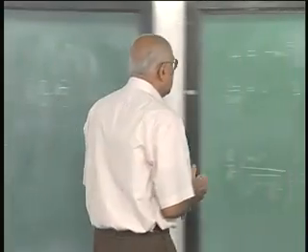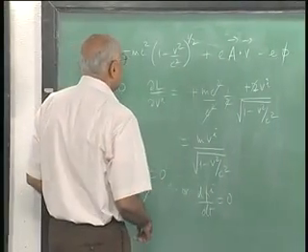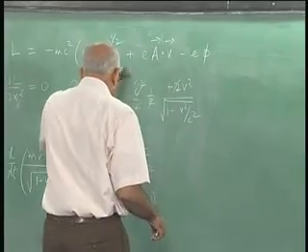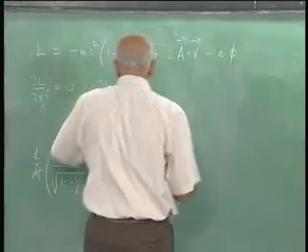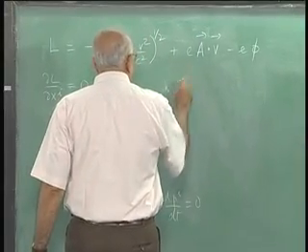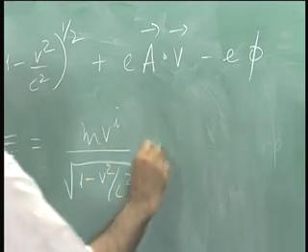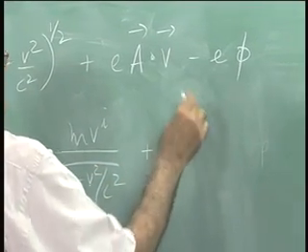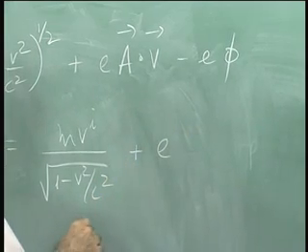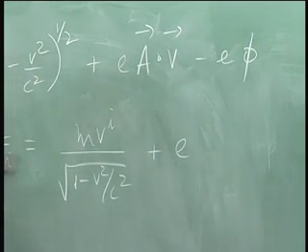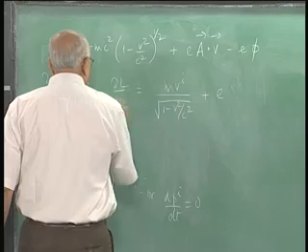Okay. Now what happens? Well, delta L by delta Vi gives you an extra term here. So this is equal to m Vi over square root 1 minus V squared over c squared plus e. I should be a little careful here, but let me write this in vector form for all components.